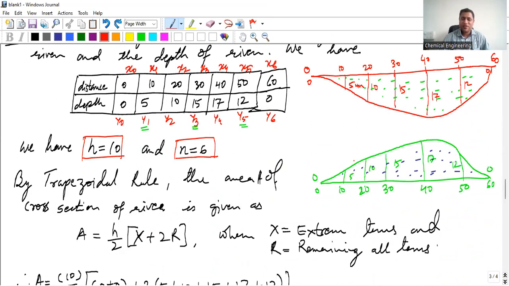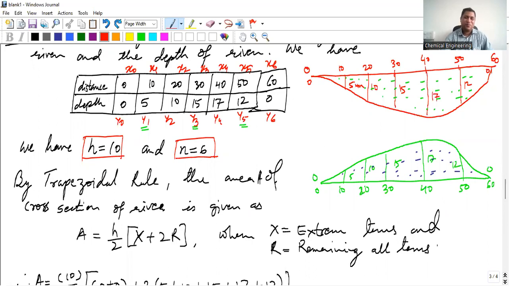In Simpson's 1/3 rule, we divide that same trapezium into 2 parts, so the number of intervals becomes a multiple of 2. In Simpson's 3/8 rule, we divide the trapezium into 3 parts, so the number of intervals becomes a multiple of 3. So for Simpson's 3/8 rule, we cannot have n which is not a multiple of 3. Got it? Yes, sir.